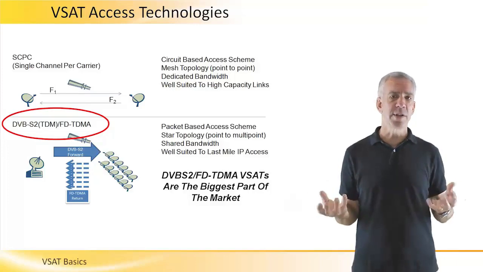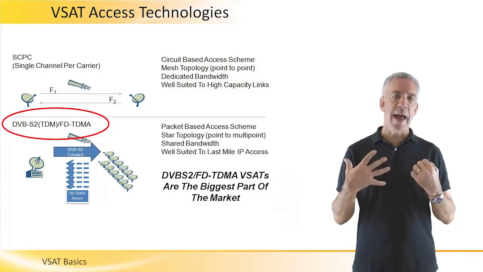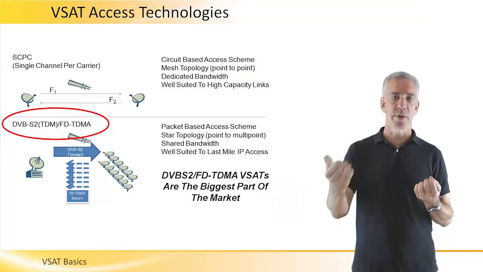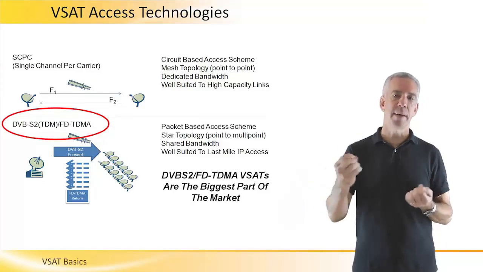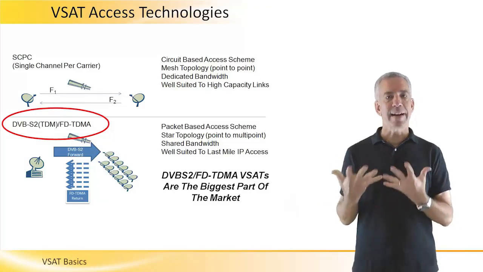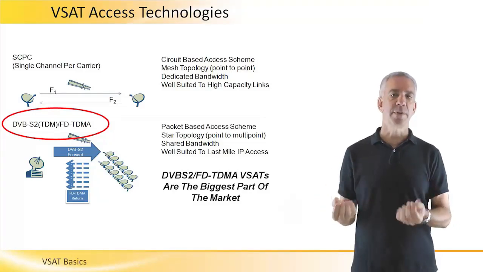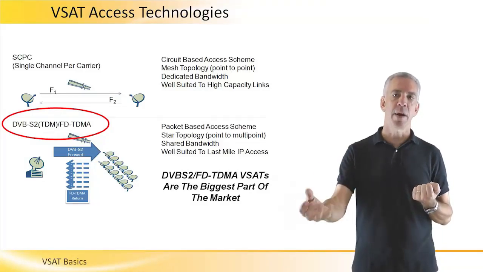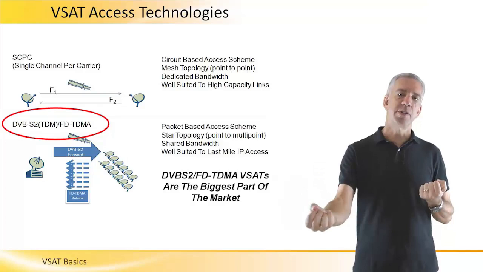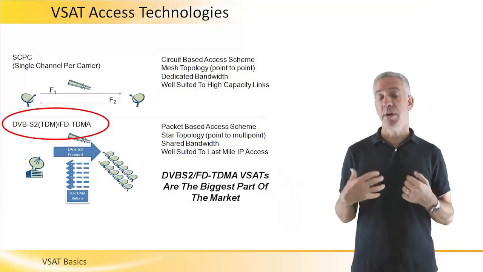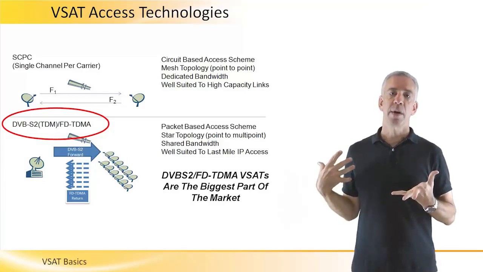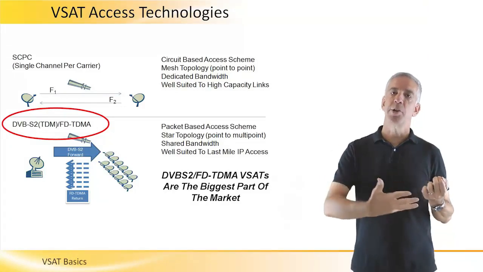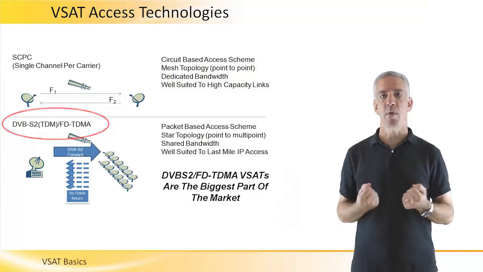The reason why it's the largest is because this access scheme, the star topology, with DVB-S2 on the forward channel and FDMA, TDMA on the return channel, enables very efficient multiplexing of traffic between all of the remote stations and that hub station. So it's a very effective way to connect remotes into the internet or to connect enterprise branch locations into headquarters.